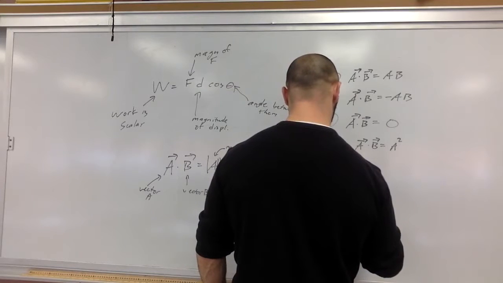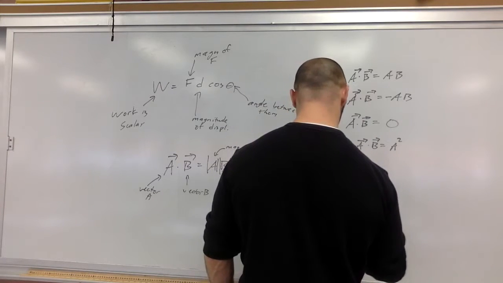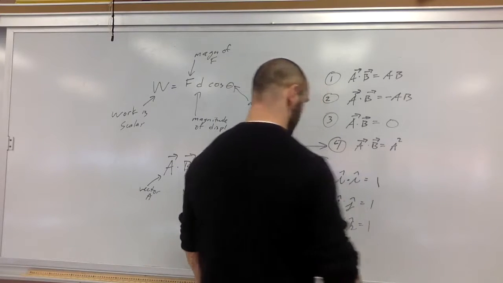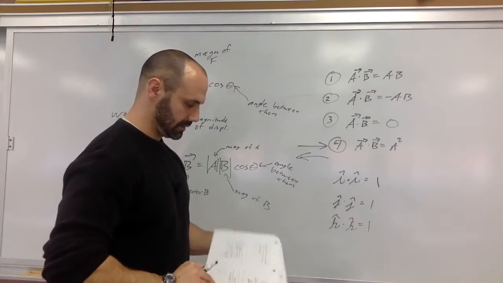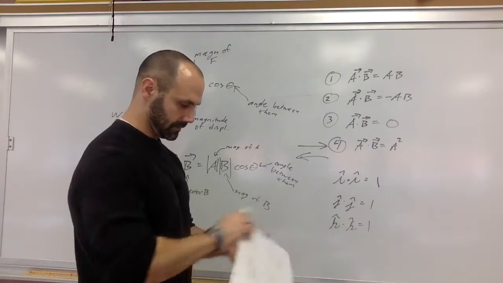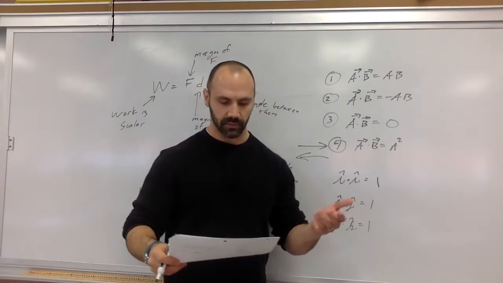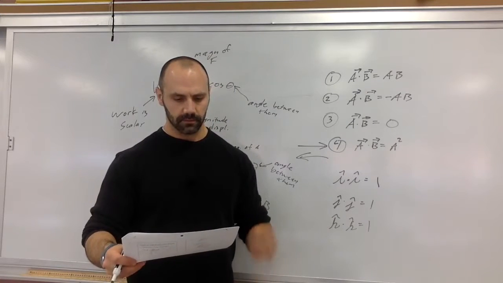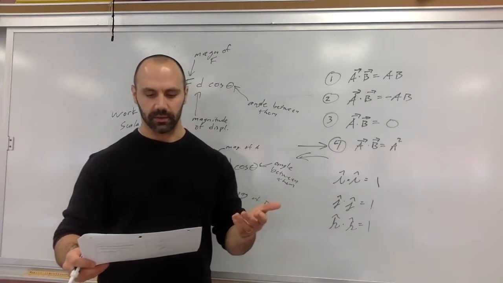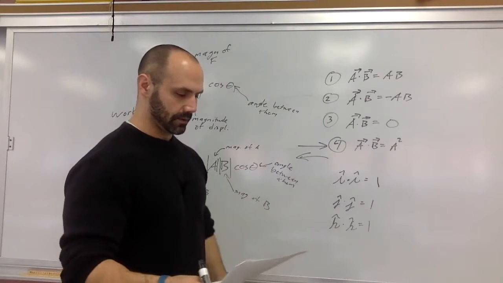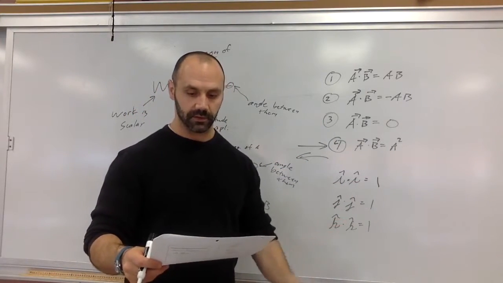J dot J is 1, and K dot K is 1. Okay, so how are we going to use that? So talking about the scalar product. And then 5, when is the dot product equal to 0? When they're perpendicular, which we said here, or if one of the vectors is 0.